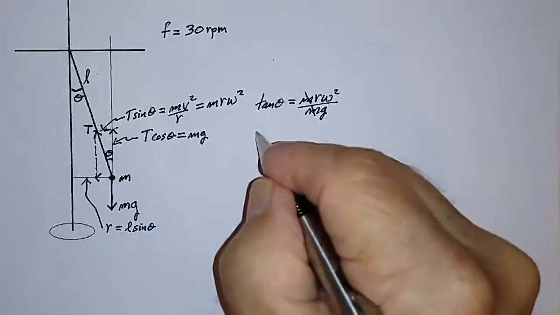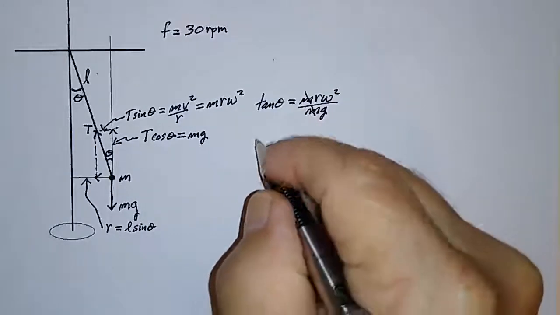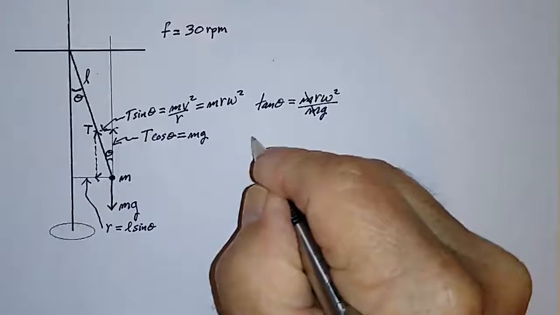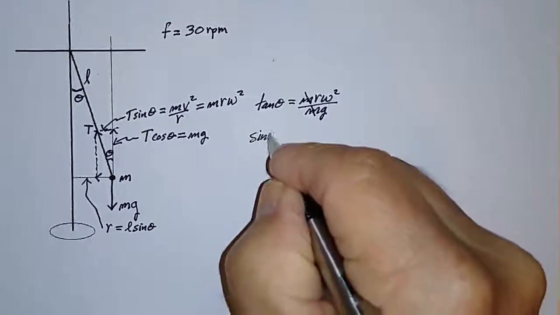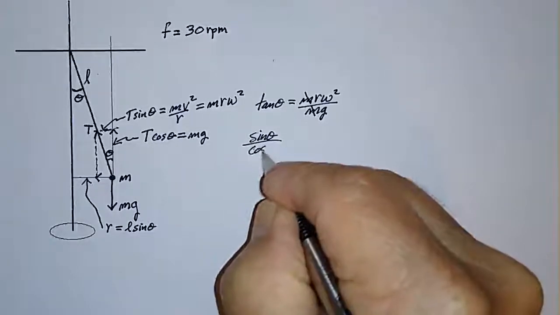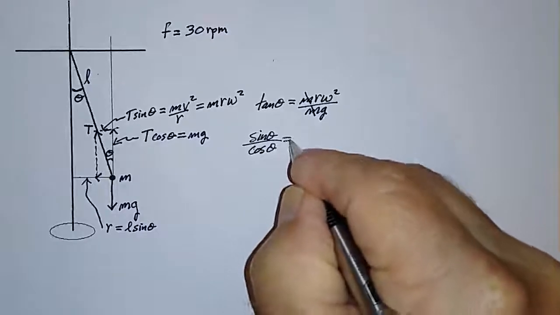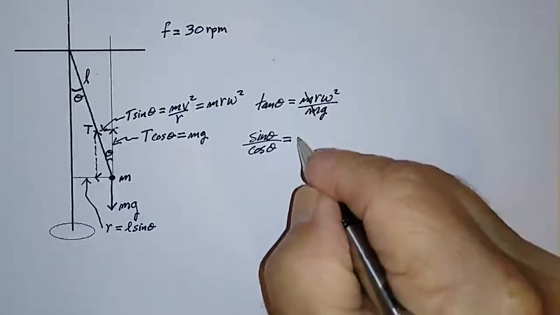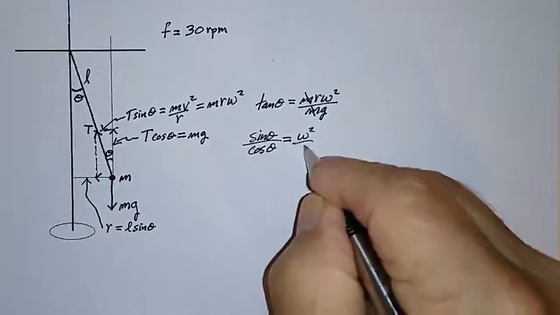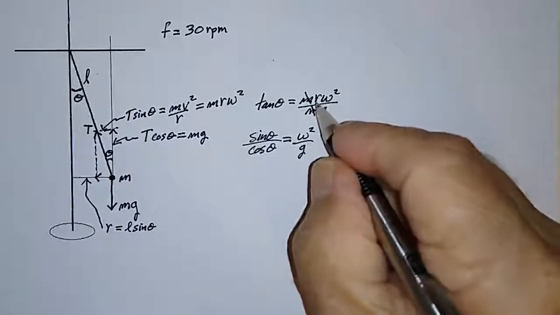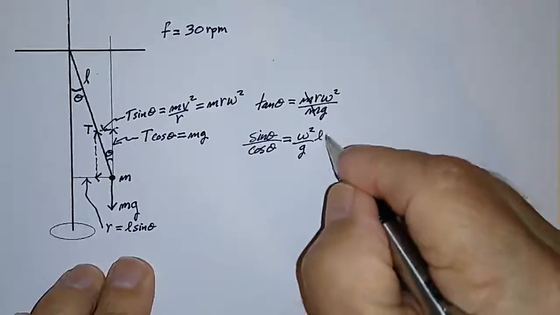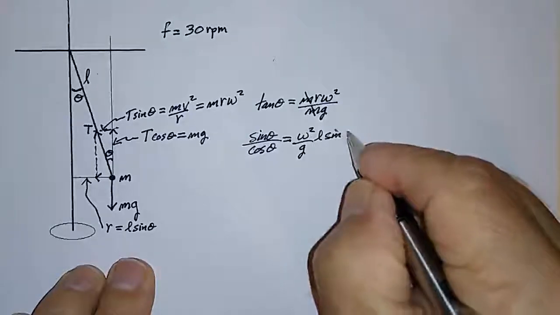So that tangent theta, in fact I'm going to write it again as just sine theta over cosine theta like this, is equal to omega squared over g times r, but r is equal to L sine theta.